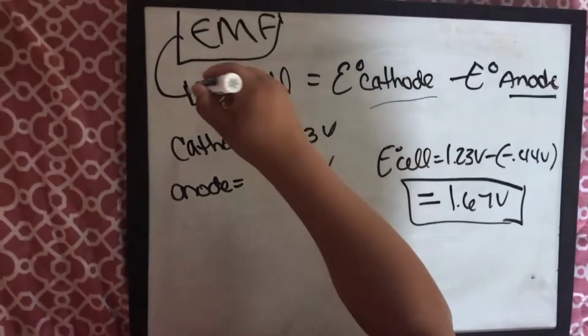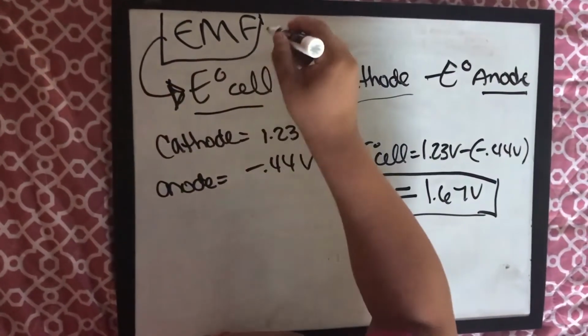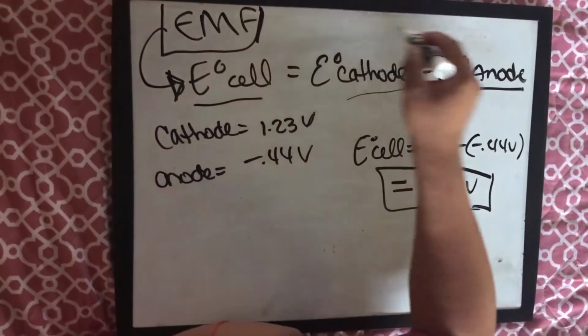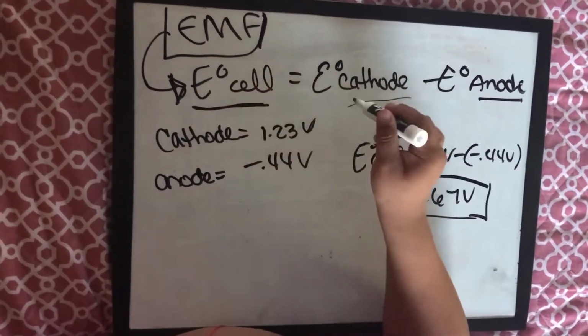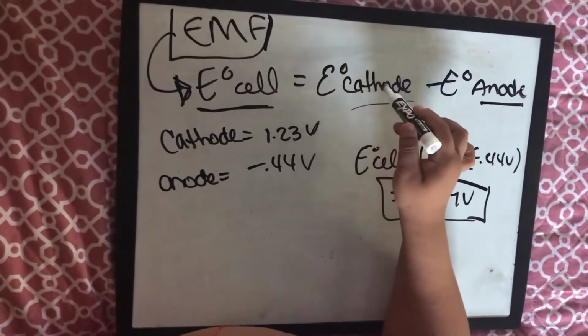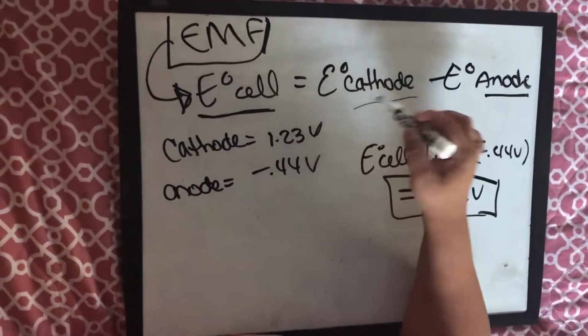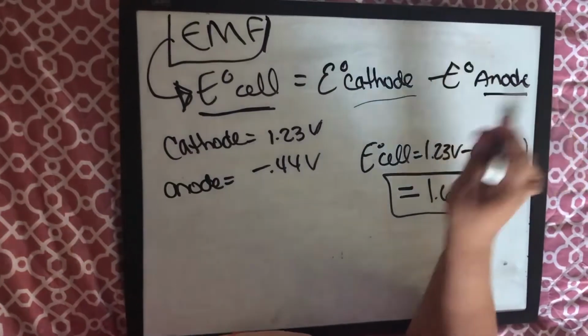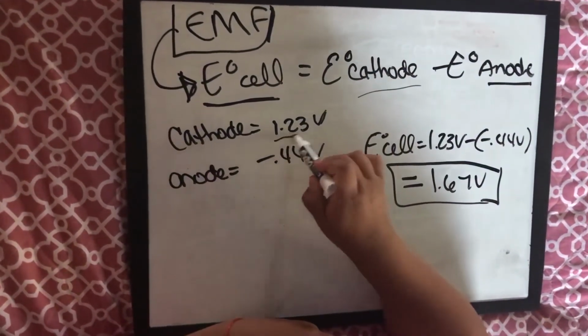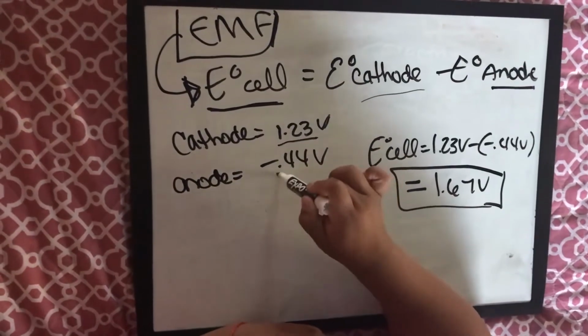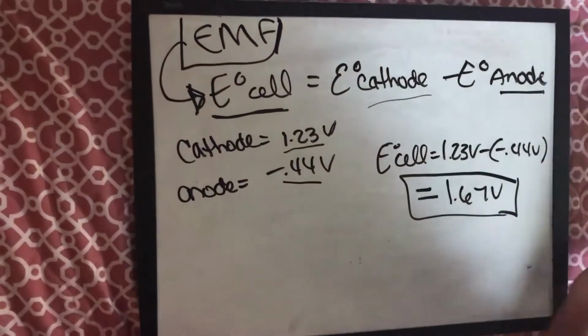Okay, so we talked about EMFs, and this is our equation regarding EMFs. The E cell equals the E of the cathode minus the E of the anode. So in this example, the cathode is 1.23 and the anode is negative 0.44.